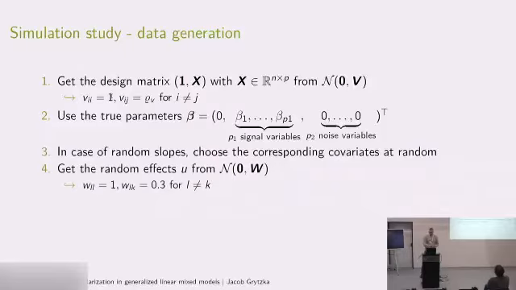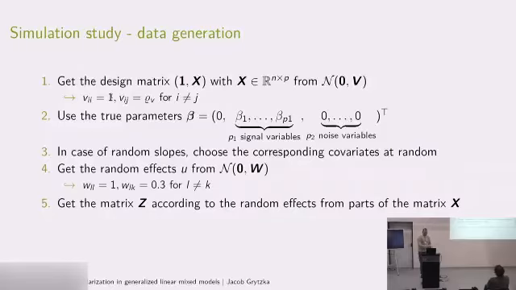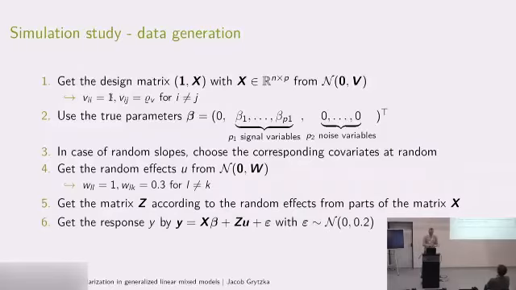Then we get our random effects from a normal distribution and get the Z matrix for the random effects. And then we have our model with the fixed effects, random effects, and some random noise at the end.